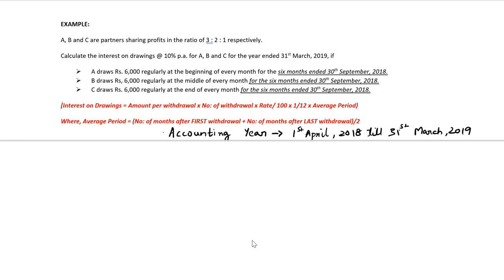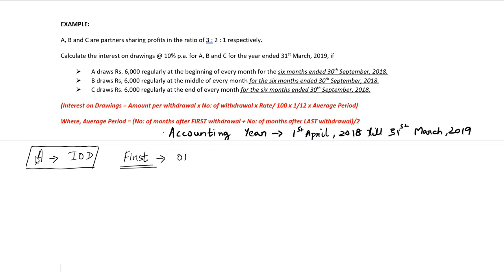Let's see how we do the sum. Let's go to interest on drawings for A. The first withdrawal: A draws 6,000 regularly at the beginning of every month for the 6 months ended 30th September 2018.